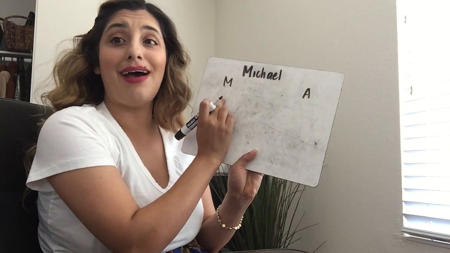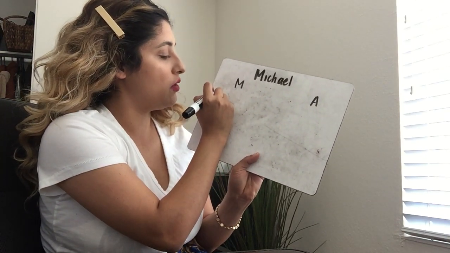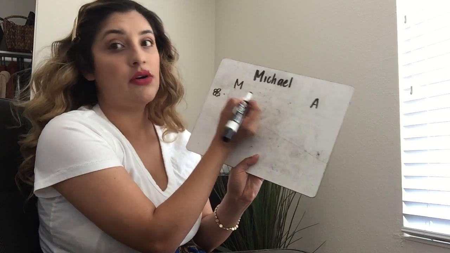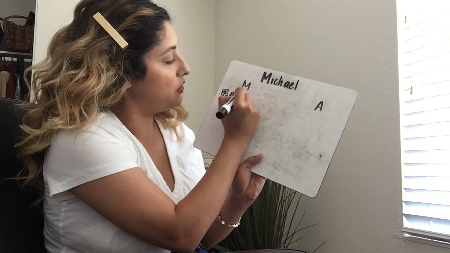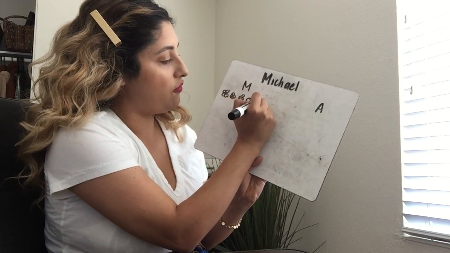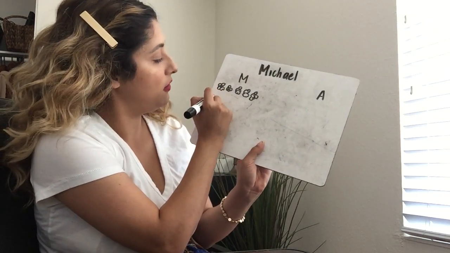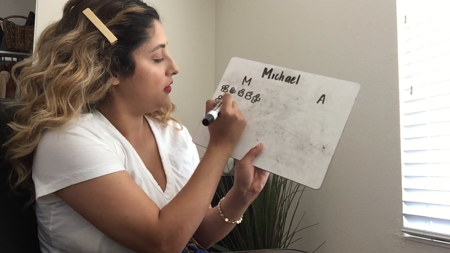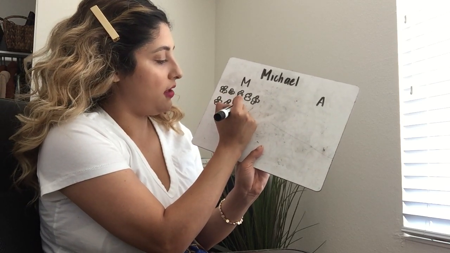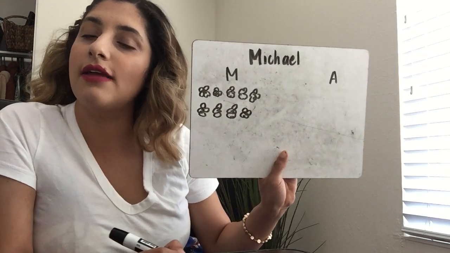Okay, so he plants 9 in the morning. I'm going to draw a picture. Okay, here we go. 1, I'm going to draw fast flowers. 2, 3, 4, 5, 6, 7, 8, 9 flowers.